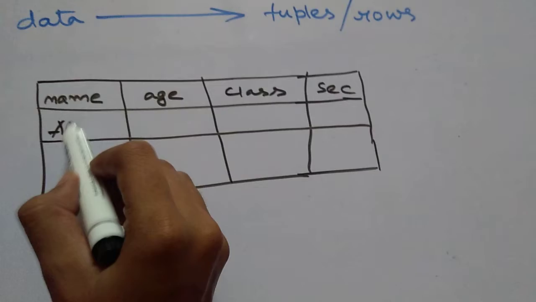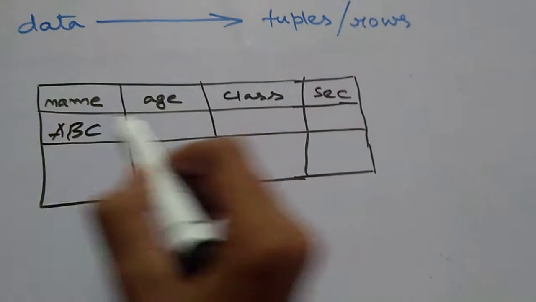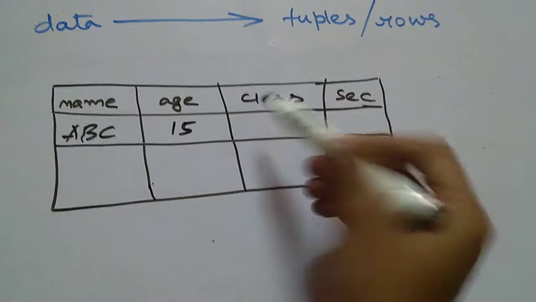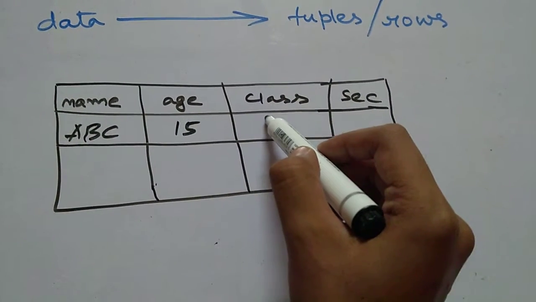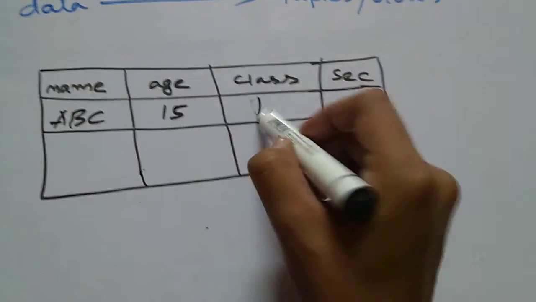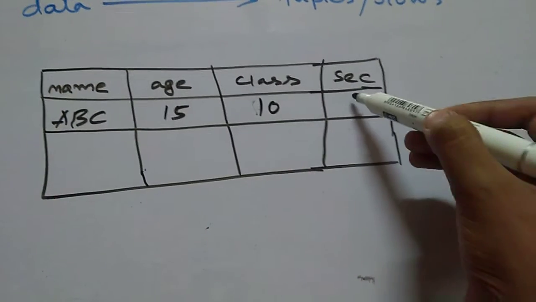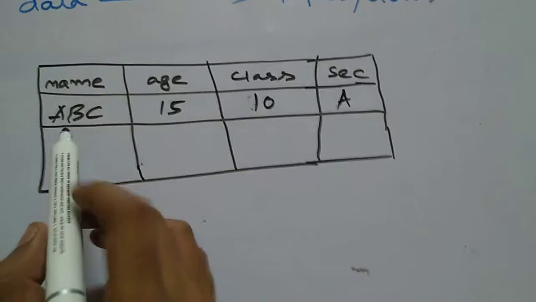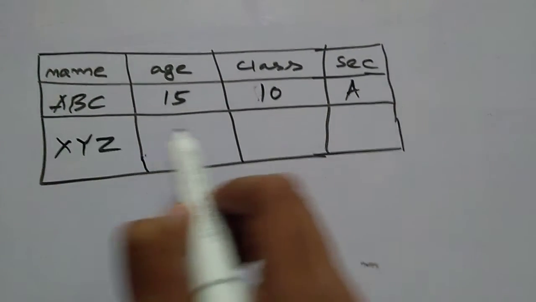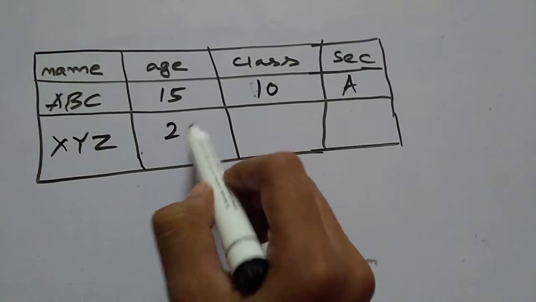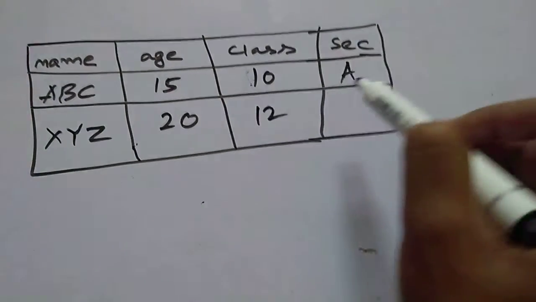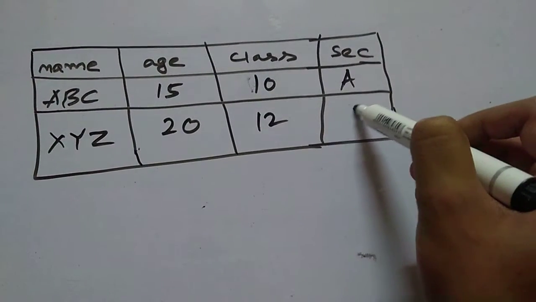Now they can be ABC. His or her age can be, let's say, 15 years. Class, let's write in numerical form, class 10, and section, let's say, A. Similarly, we can have another student whose name is XYZ. His or her age may be 20 years. Class, let's say, 12, and section, let's say, C.